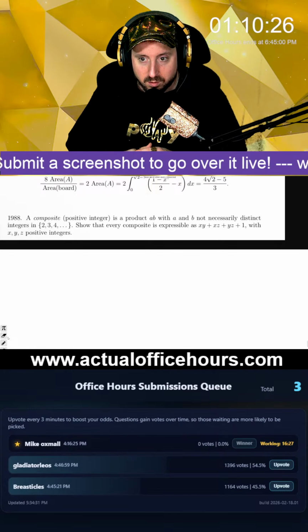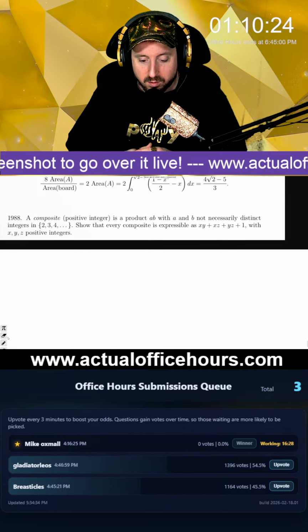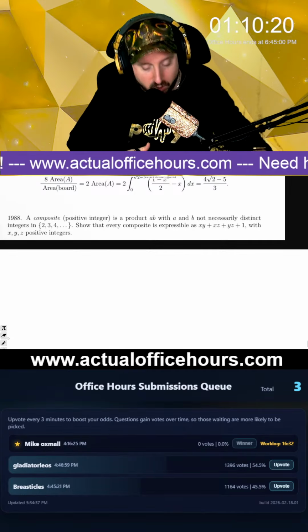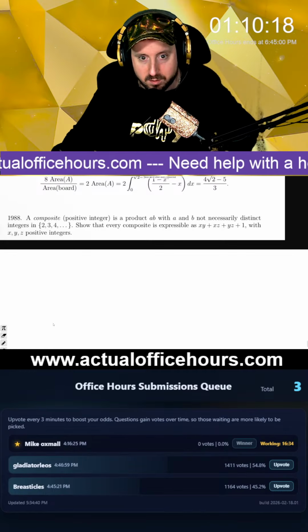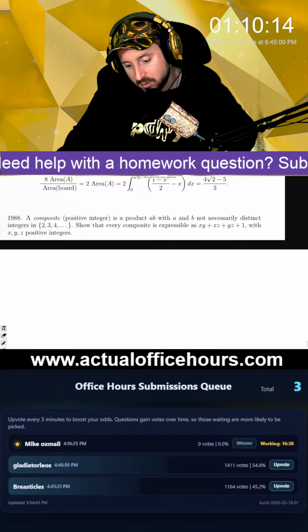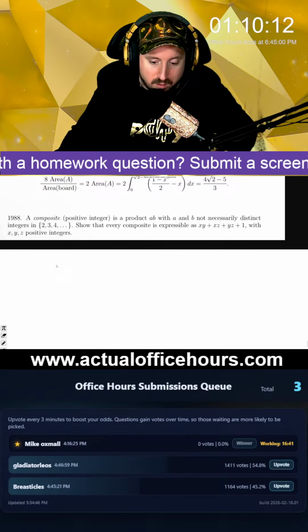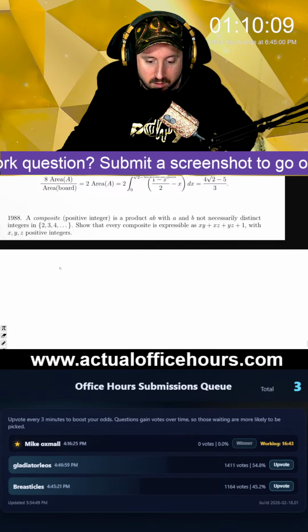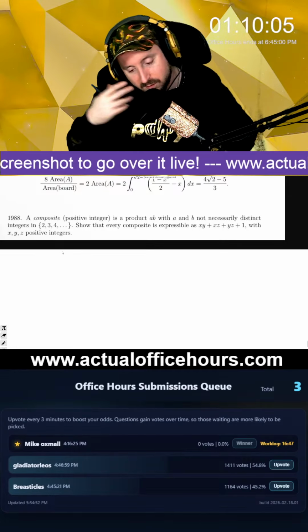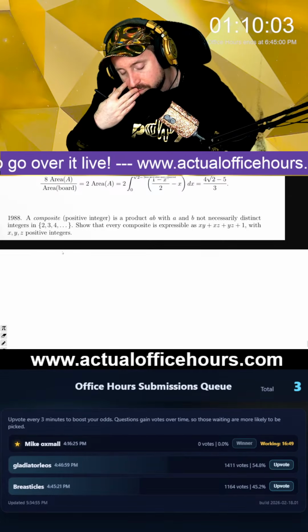So yeah, it's basically saying that a composite number can be broken down into its prime factors. Got you. But not necessarily distinct. So a composite number, 9 is a composite number because it's the square of 3. So A and B would be 3 and 3, and they're not necessarily distinct. Okay.